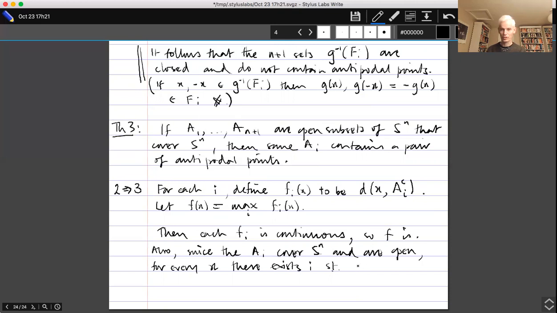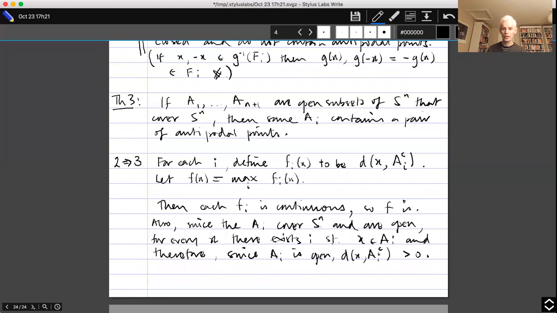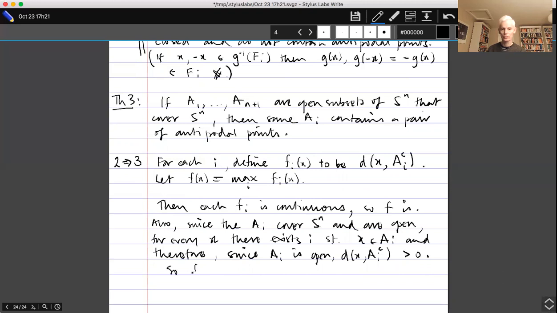So there exists i such that x belongs to A_i, and therefore, since A_i is open, the distance from x to A_i complement is greater than 0. That distance was just f_i of x, and therefore we get that f of x is greater than 0 for every x.